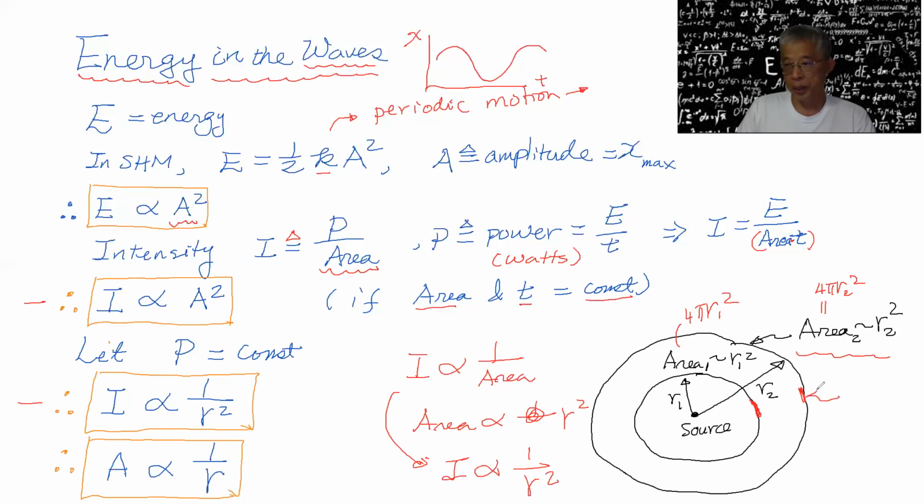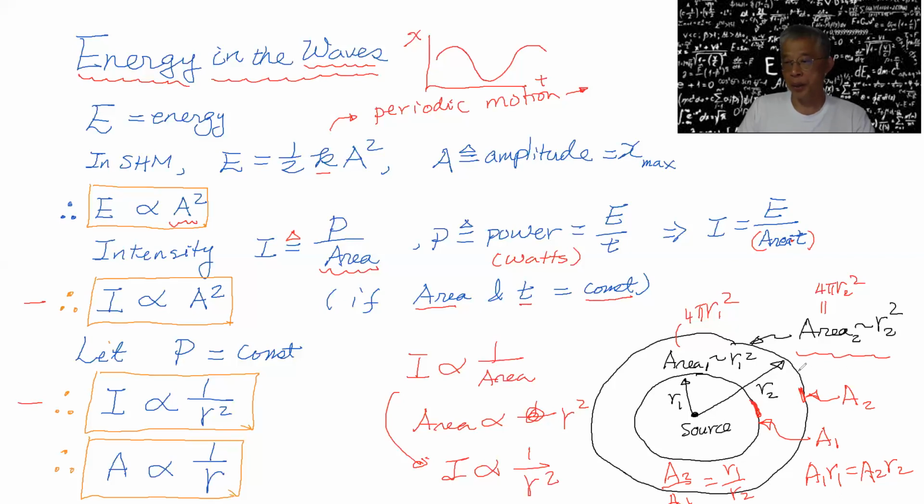So basically A1 R1 is equal to A2 R2, or you can say A2 divided by A1 is equal to R1 divided by R2.